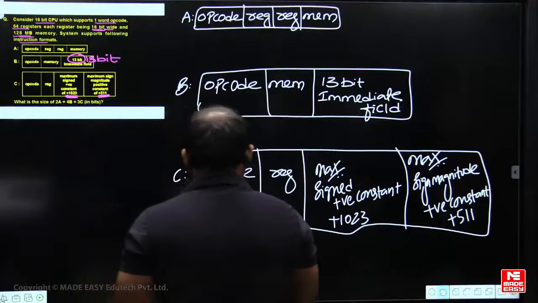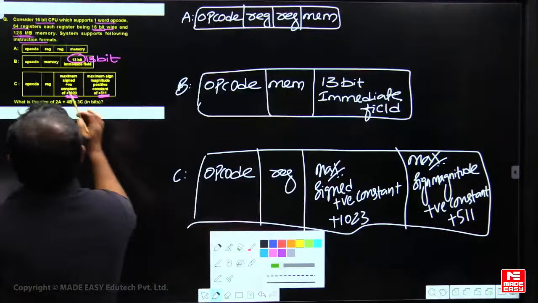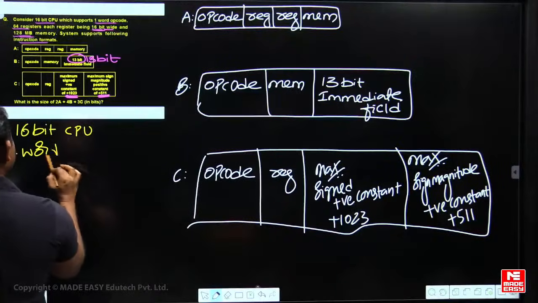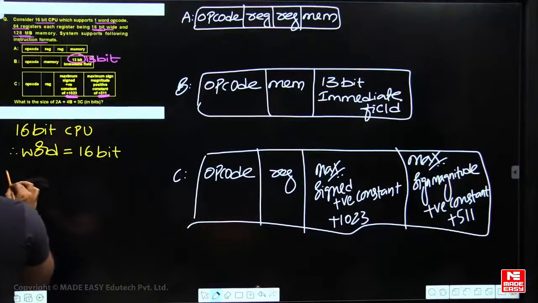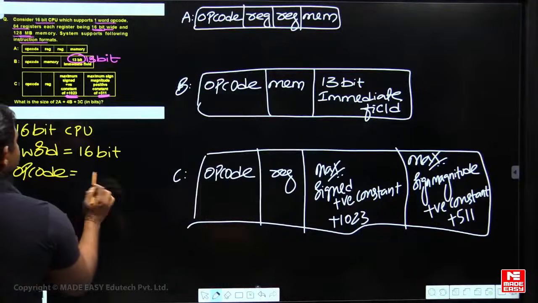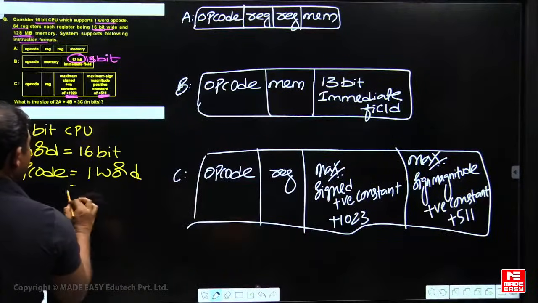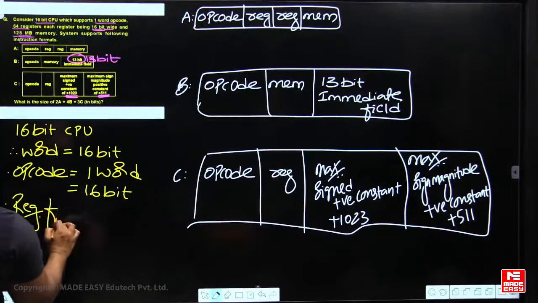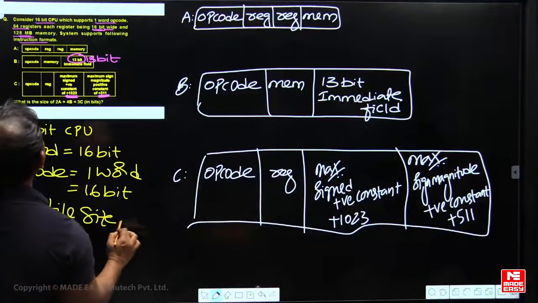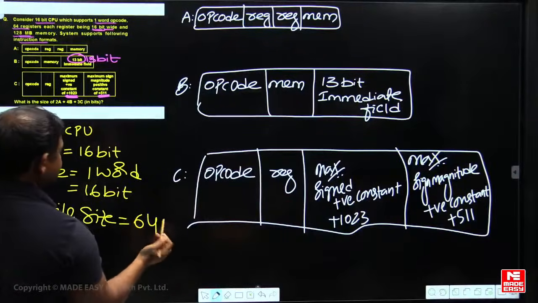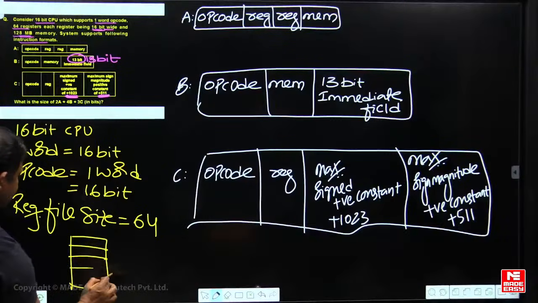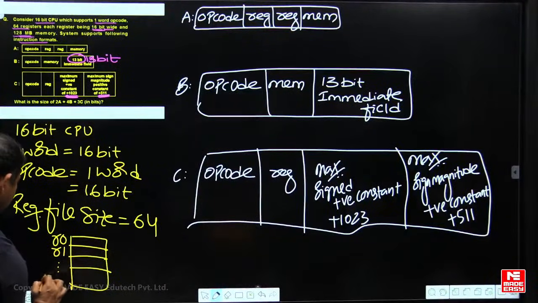Okay, right. Students, check here. It is a 16-bit CPU, as given. Therefore, word length is equal to 16 bits. Then opcode size: the question says one word opcode, which is nothing but a 16-bit opcode. Then the register file size is 64 registers, each register being 16 bits wide. This means there are R0, R1 up to R63, and every register has 16-bit space.